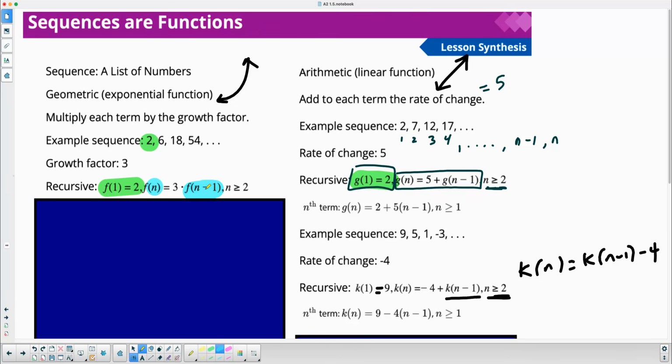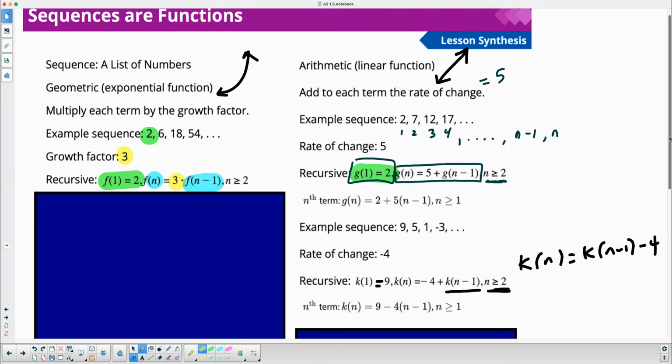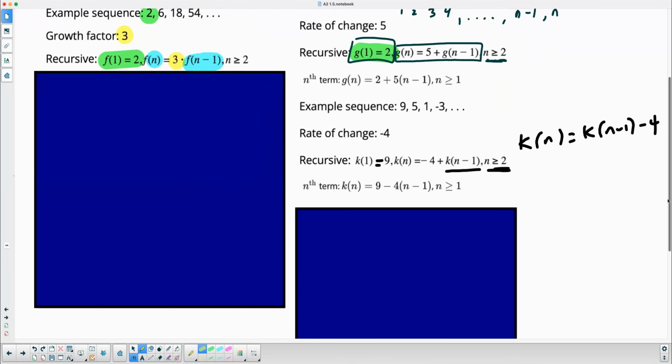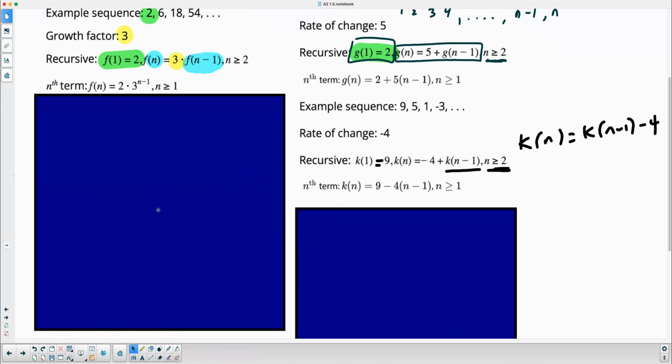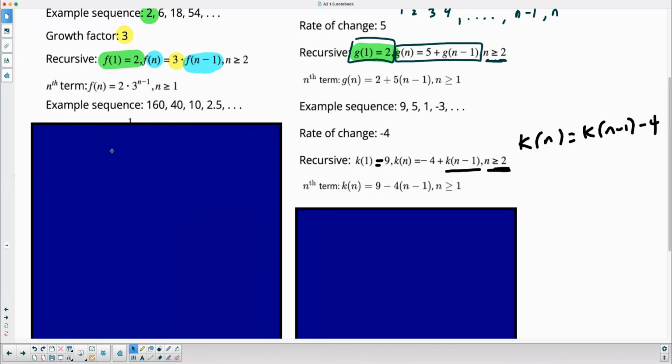Okay? And then n has got to be greater than or equal to 2, which it'll pretty much always be if you see that notation in the book. Here's the explicit formula. And what happens is, again, it forms that exponential function, which we haven't really got to. So here's another one.